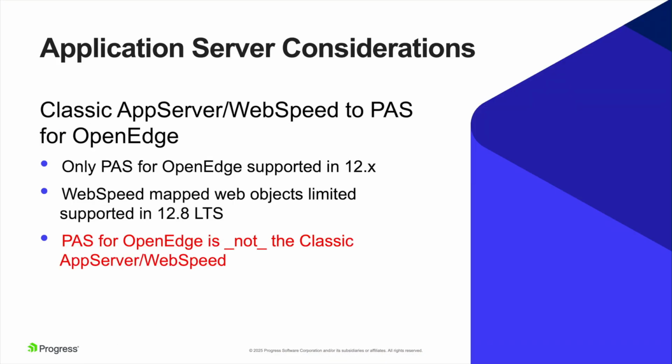When you're moving to version 12, the classic app server that we all know and love is retired. And so when you get to version 12, the app server platform is the Progress app server platform, which is a Tomcat-based application server. And it has completely new configuration files.